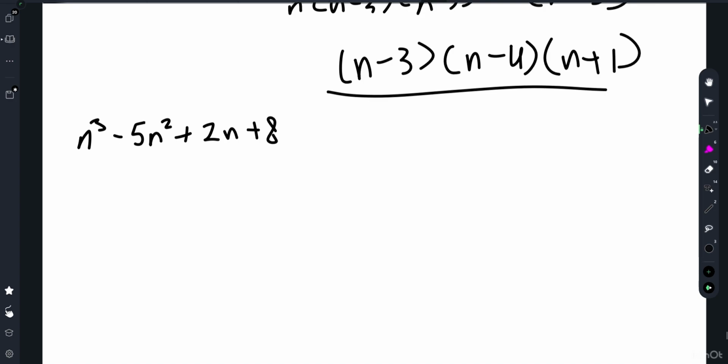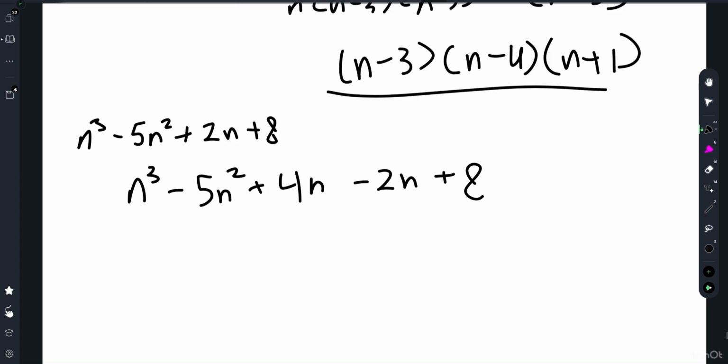Well, if we take this, we can section it into n cubed minus 5n squared plus 4n minus 2n plus 8.